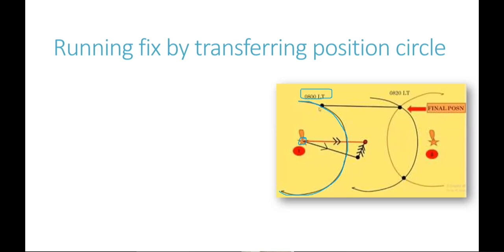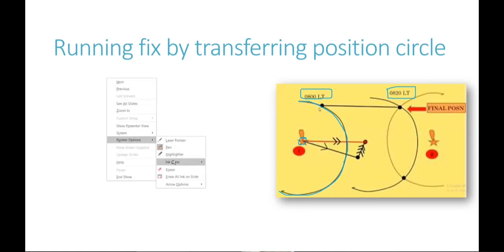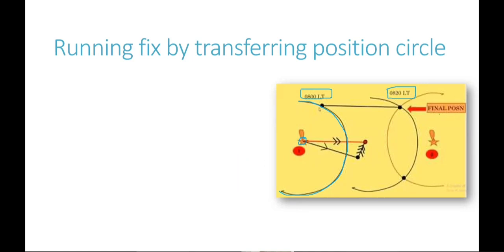Now let's say you keep on proceeding on your course. You are steering a particular course, a certain current is also affecting you. And after 20 minutes, you have another position circle available to you. So at 0820, another position circle is available. Let me mark it with a different color.